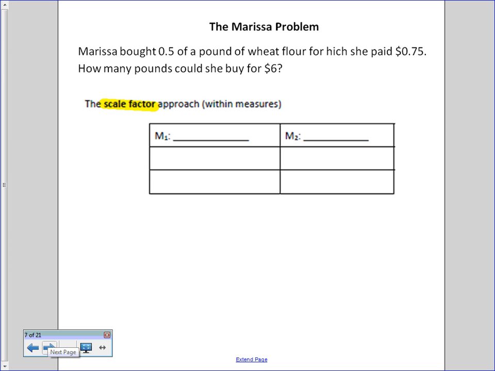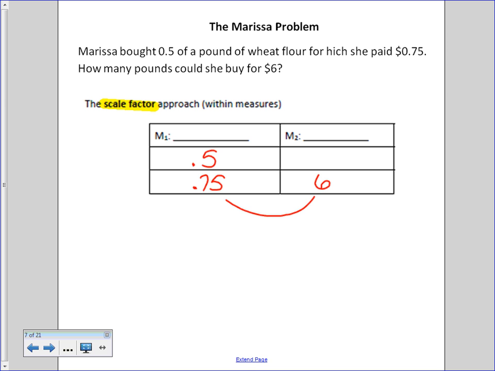Because that came out to be a fraction, that's not always the best way to do it, so we might want to do it instead doing the scale factor where we go between the two measure spaces. So a half a pound of wheat flour is 75 cents. How much could she buy for $6?